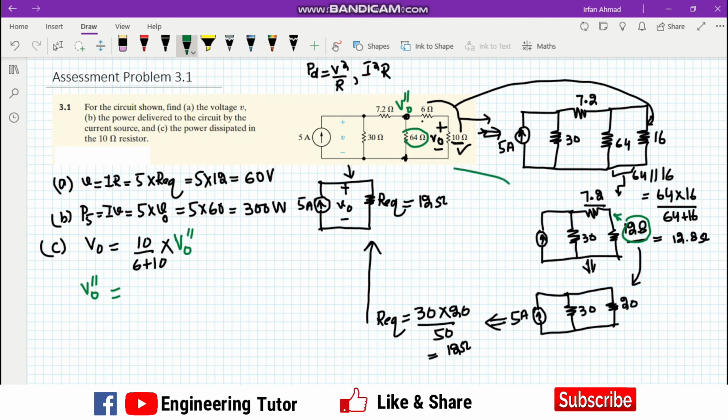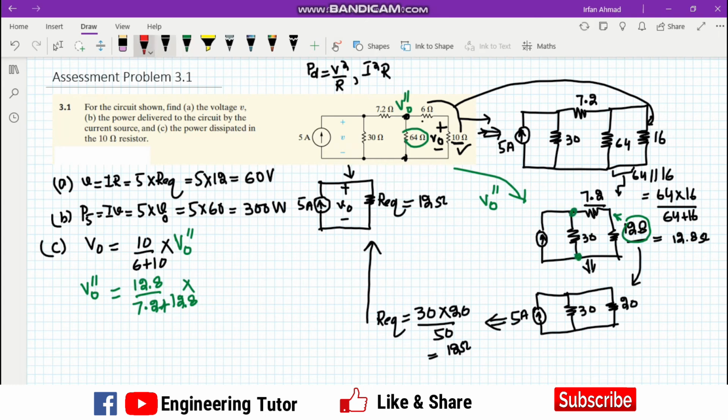So we will deploy this circuit for V naught double prime, because now here we have the equivalent of these two resistors. So V naught double prime is equal to 12.8 divided by 7.2 plus 12.8 multiplied by the voltage, which should be here.